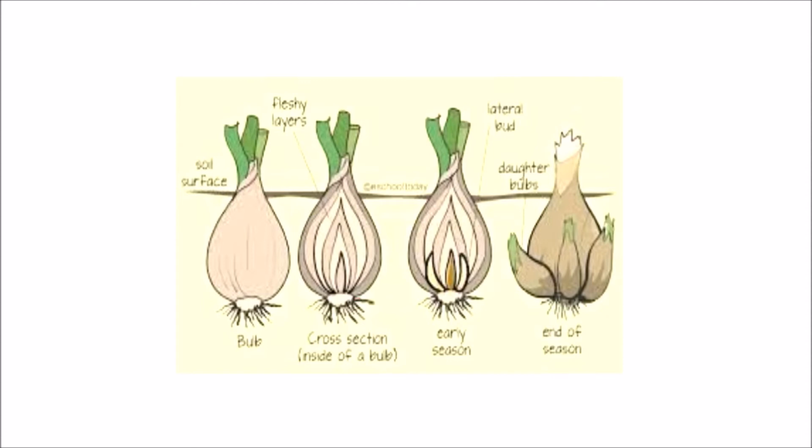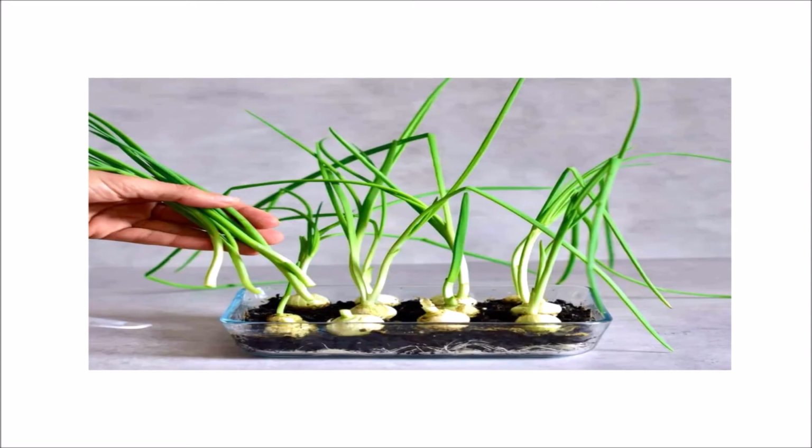But let me tell you something interesting. An onion plant can also be obtained from the stem apart from seed. So here we saw that from the stem we got a new plant. Onion is an example of vegetative reproduction using the stem.